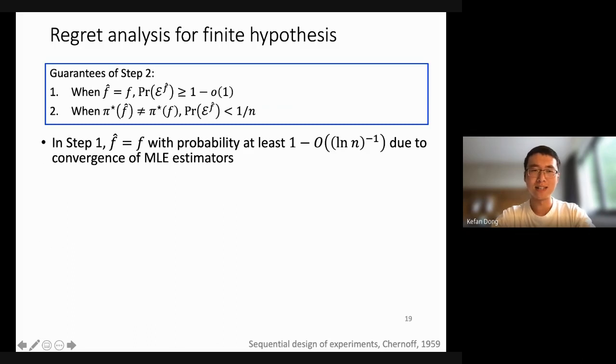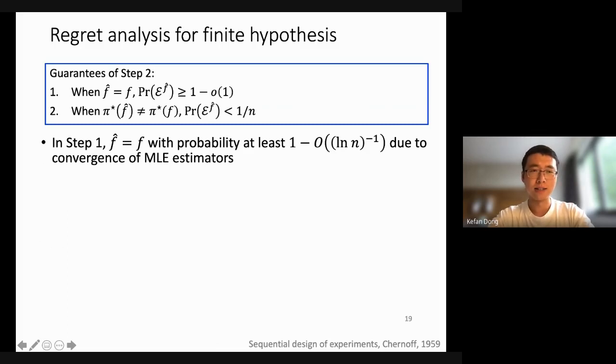Basically, it says that in order to achieve failure probability delta, we only need something like O of log 1 over delta samples for MLE estimators. Here, we only need a failure probability 1 over log n. So in principle, we only need log n samples. But in step 1, we allow anything small o of log n samples. So we are good here.